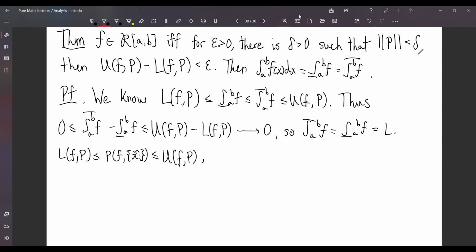You can rephrase this in a particular way. I guess you can say this here is greater than L of f p plus epsilon.